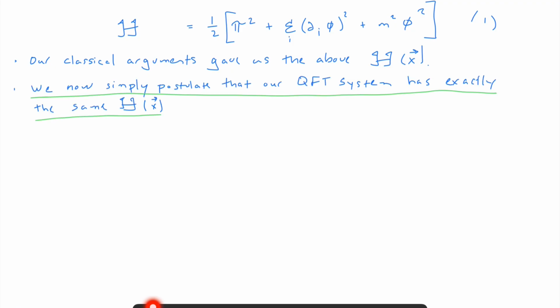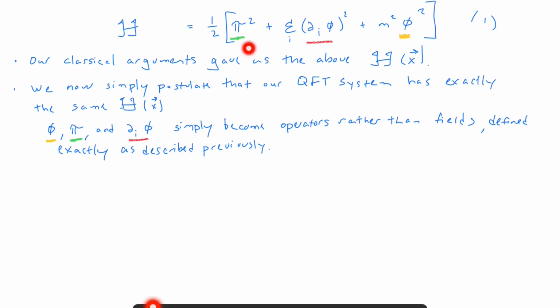Now, we want to do quantum field theory, not classical field theory, and all we need to do is the following. We simply postulate that our quantum field theory system, which we talked about with the huge Hilbert space and the operators we mentioned, has exactly the same Hamiltonian density, H of x.